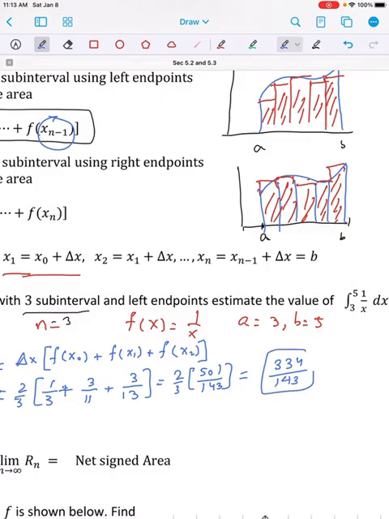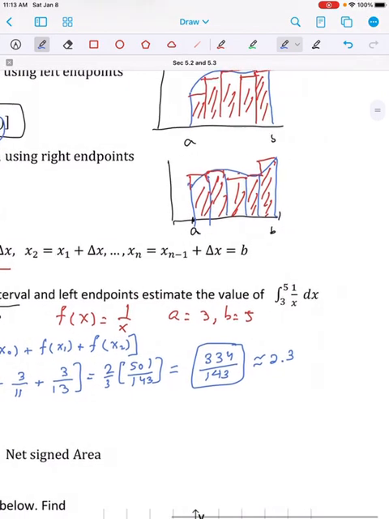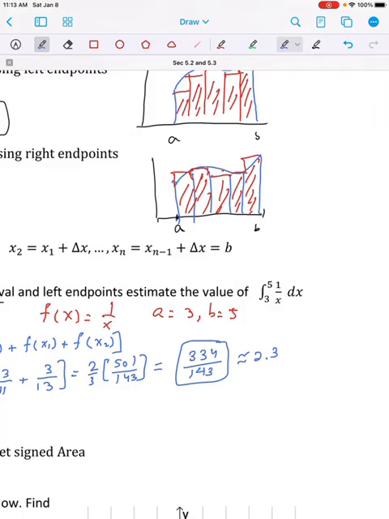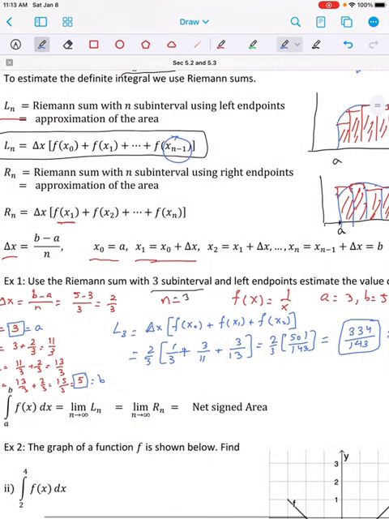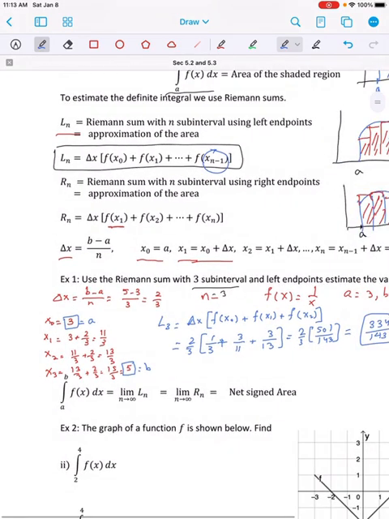And as I said, if the question says get the answer in decimals, then you have to find whatever the question told you, however many decimal places you have to go to. So let's say if we have to go to 3 decimal places, then the answer will be 2.336. Okay, so this is how we do the approximation with the Riemann sum.